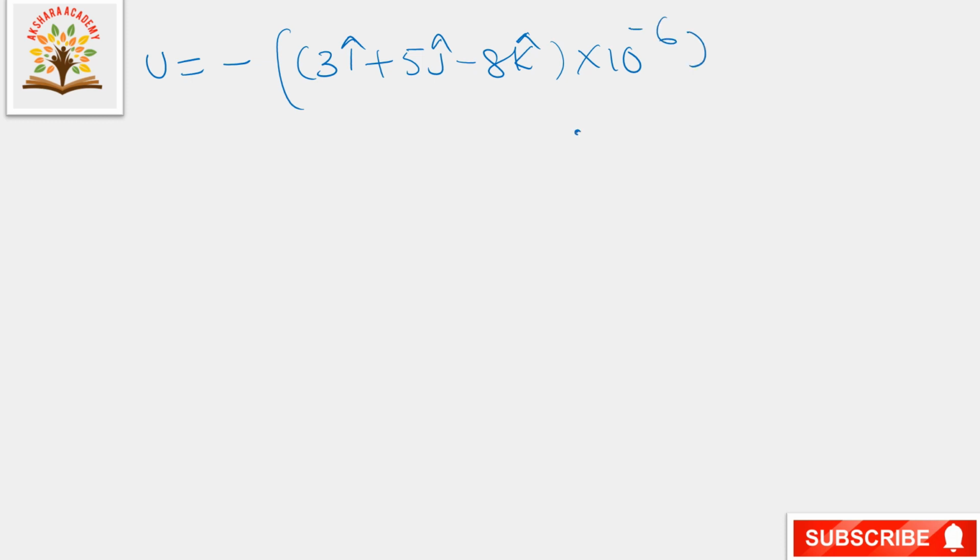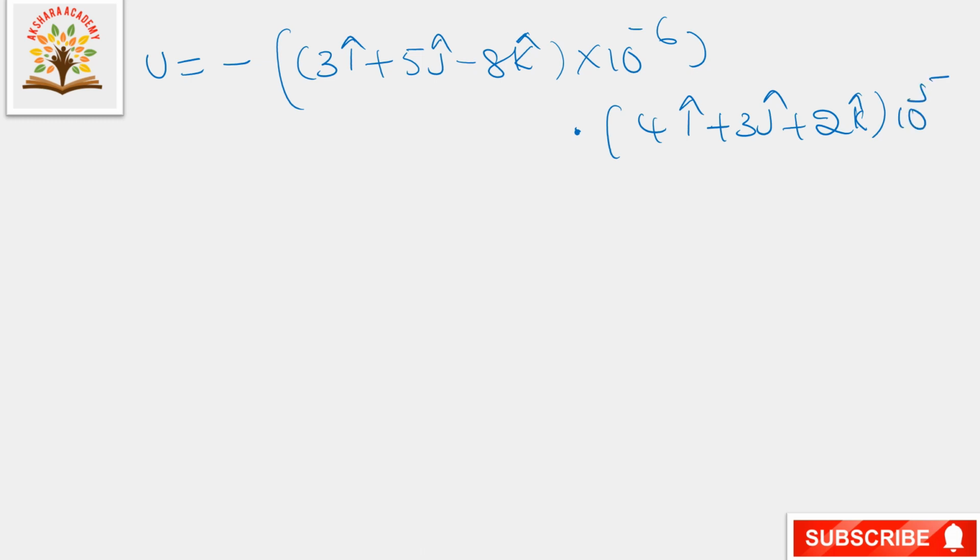Now, next, U is equal to minus of 3 i cap plus 5 j cap minus 8 k cap into 10 to the power of minus 6, dot product of 4 i cap plus 3 j cap plus 2 k cap into 10 to the power of 5.